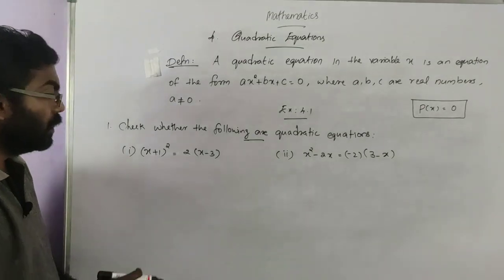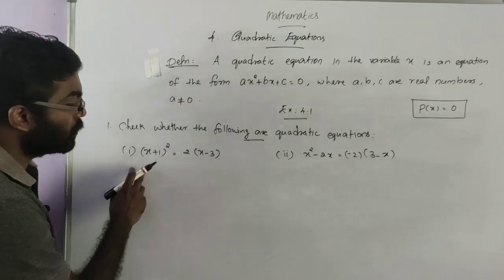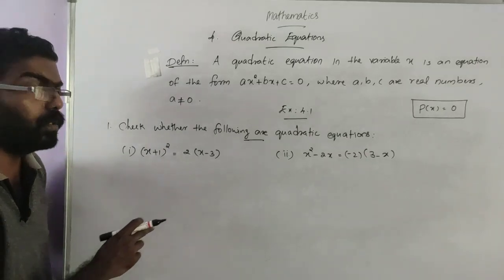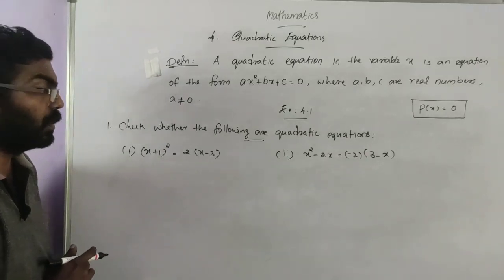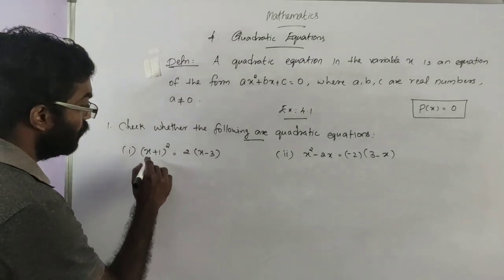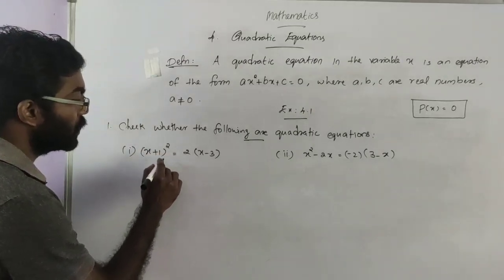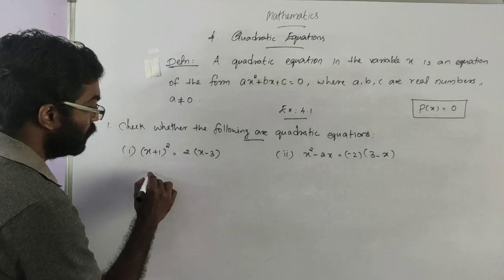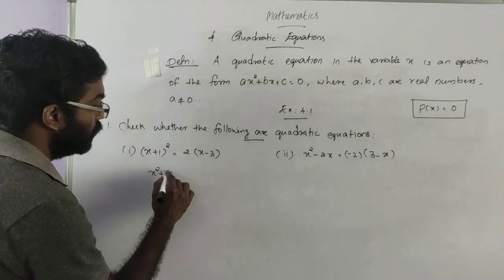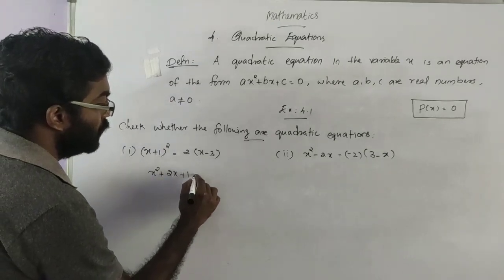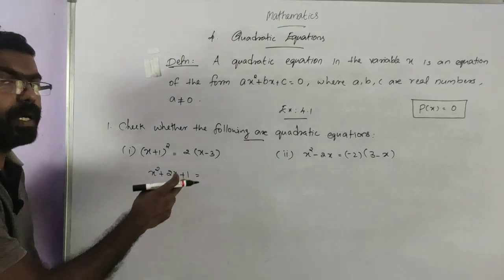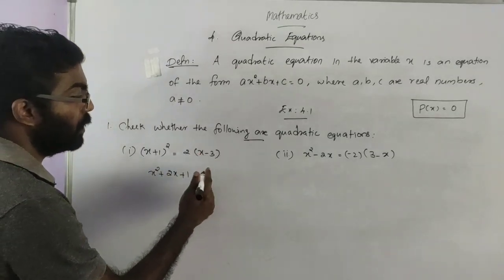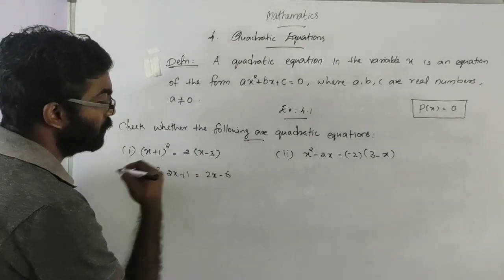The first sub question is x plus 1 the whole square is equal to 2 into x minus 3. We can simplify this one. Using a plus b the whole square, we can expand the LHS part. So x square plus 2x plus 1, which is equal to the RHS part, we can multiply this 2 and open the bracket, 2x minus 6.